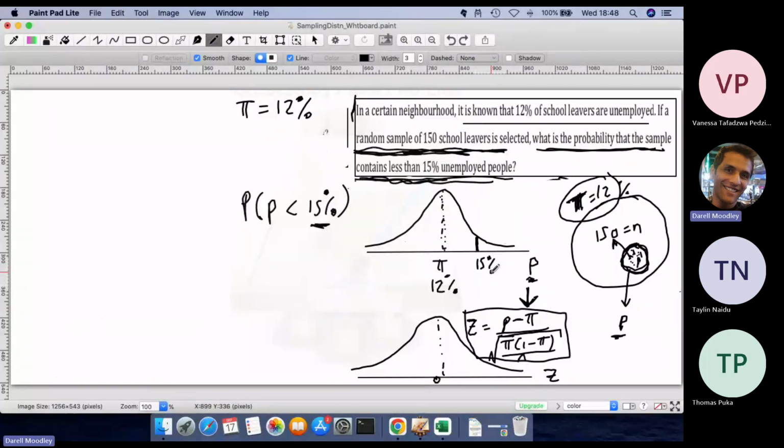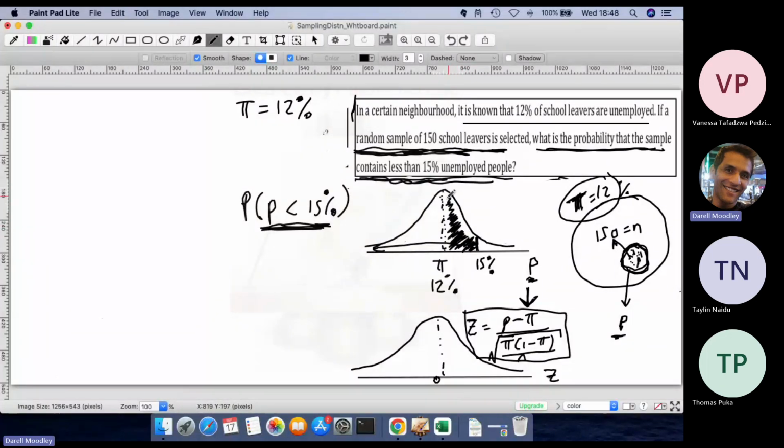They want us to work out the probability that P is less than 15%, so you need to work out the entire area. Less than 15% means everything that's less than that value.